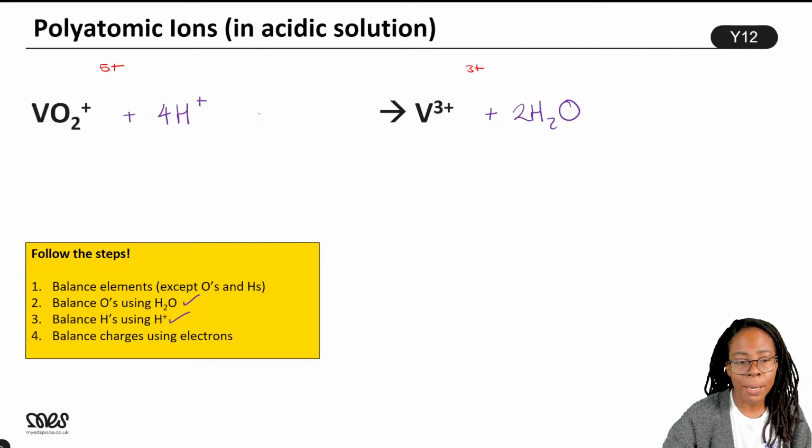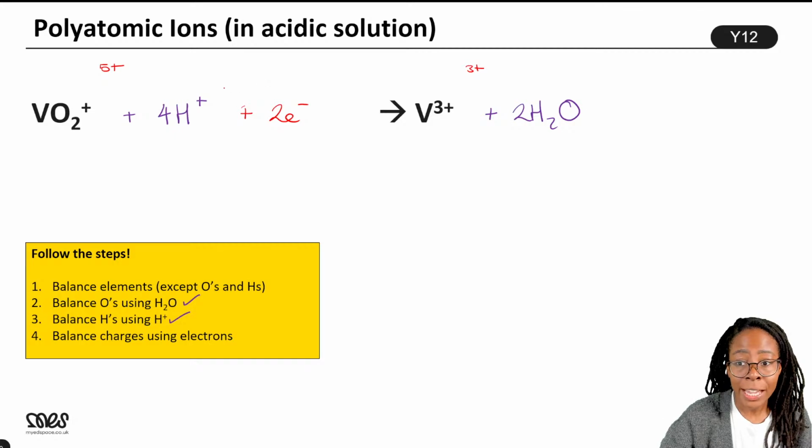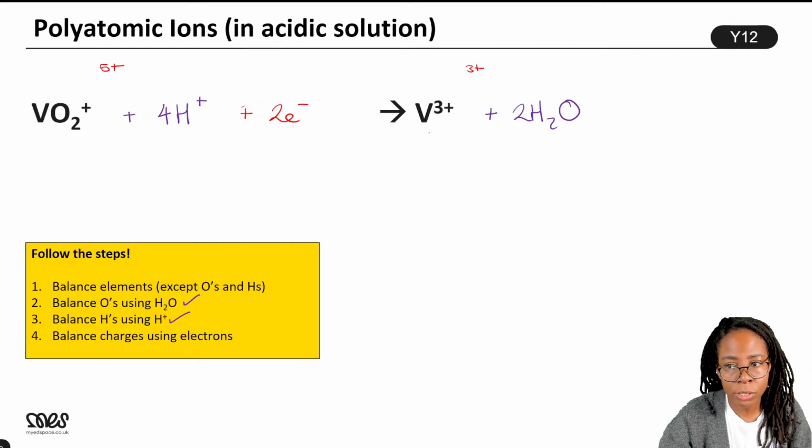How many would we need to balance those charges? Not 6 to get from 5 plus to 3 plus? Absolutely, just 2 electrons on the left-hand side. Great. That shows us straight away that this is reduction because the VO2 plus has gained 2 electrons to be reduced to V3 plus.